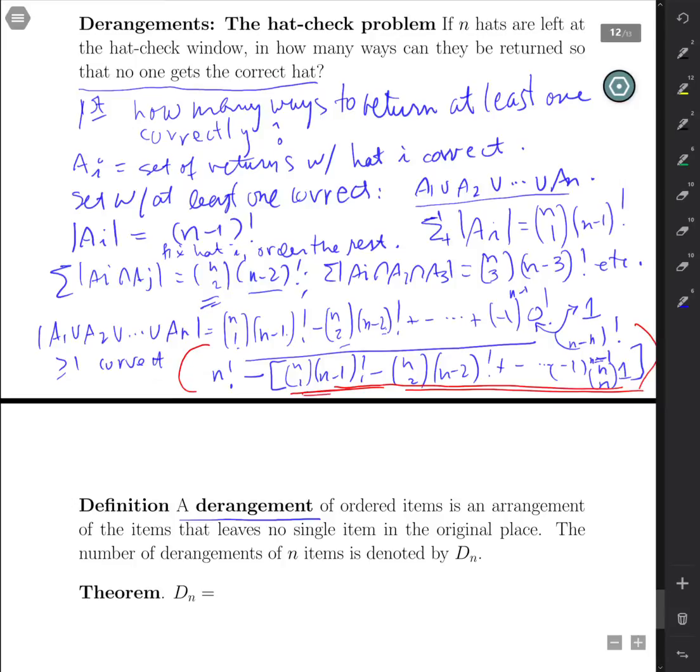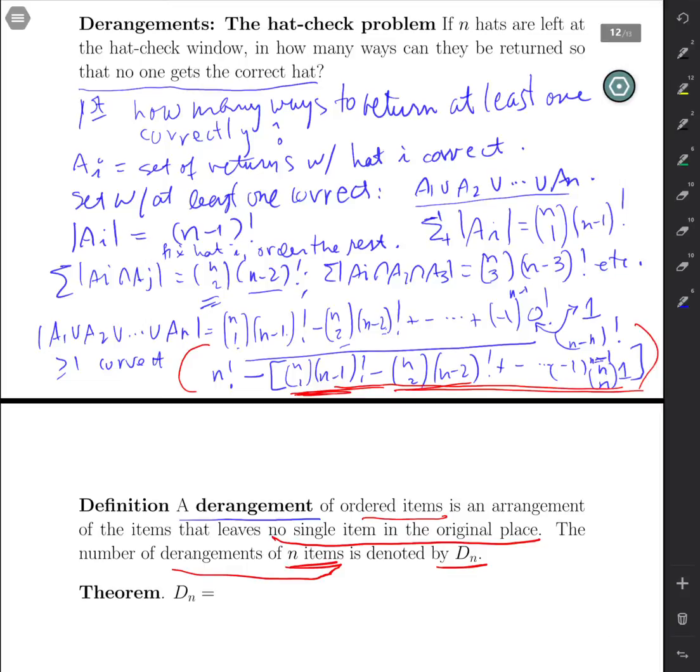The first one here is with one in order, the second with all the ways with two or more in order, etc. So a derangement is an arrangement of distinct items that leaves no single item in the original place, and the number of ways to derange n distinct items is denoted by d sub n.